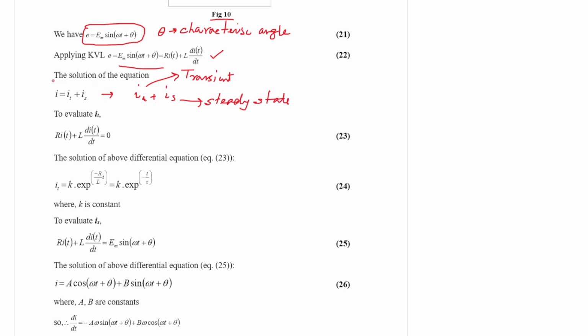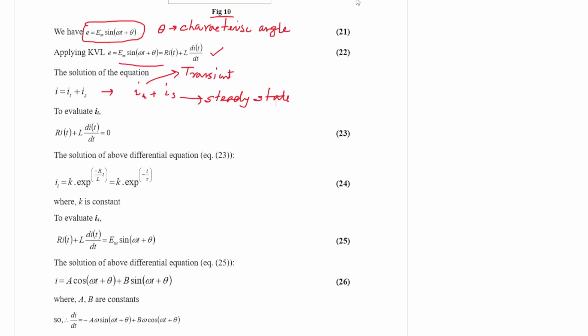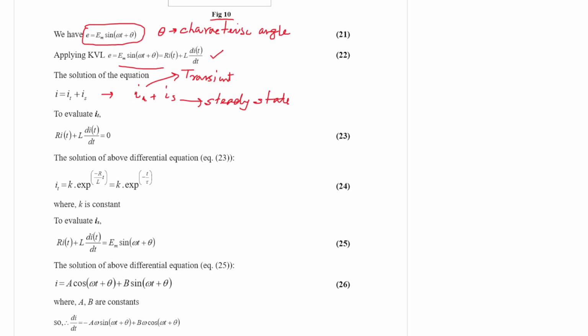So the overall solution of this equation will depict the entire situation, including the transient state as well as the steady state. Now let us evaluate one by one. If we consider only it, that is, in order to evaluate the transient response of the current, then we must equate R it plus L d(it)/dt equal to 0.